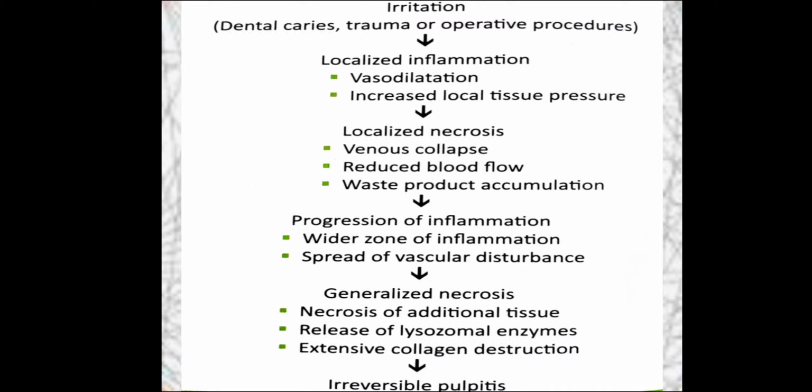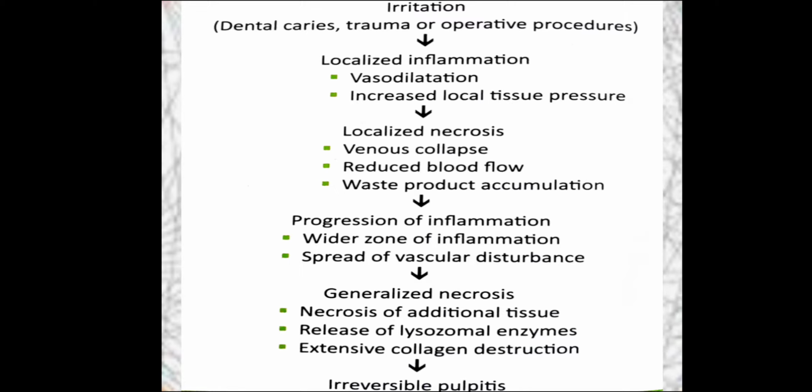So this is the vicious cycle of inflammation that we have seen. Firstly, the pulp is irritated, maybe by dental caries, trauma, or operative procedures, hence localized inflammation occurs. As we have already discussed, this results in vasodilatation, hence increased total tissue pressure occurs.